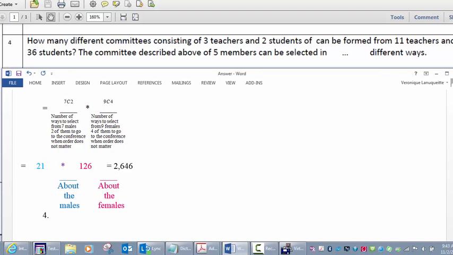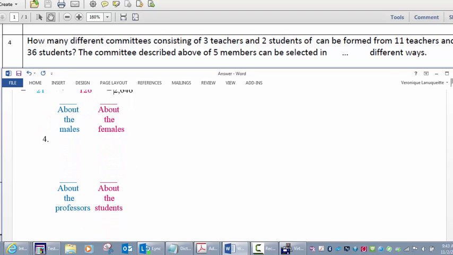So basically what I have for this one, it's number 4. We have the professors, we have the students. So for the professors, we have 11 teachers and 3 are selected. So we want 11C3, and we wish to multiply that because we're using FCP, tie it to we have 36 students and 2 of them are selected, so that's 36C2.